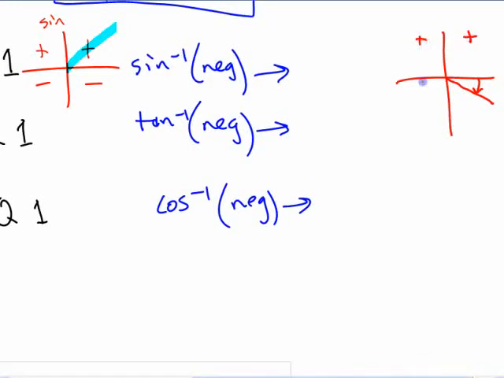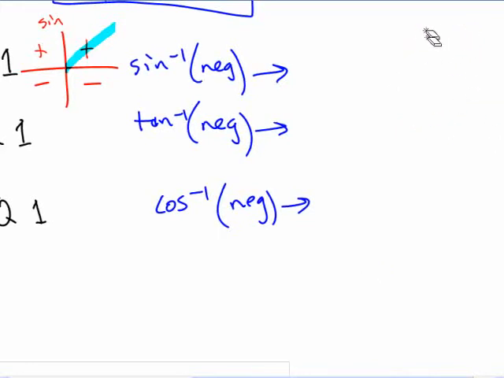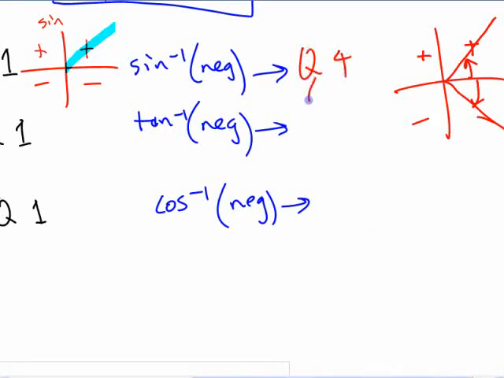It goes plus, plus, minus, minus, right? Where's the closest place to the start where sine is negative? Sine goes plus, plus, minus, minus. It gives you an angle there if it's positive, and where if it's negative? Over there, right? It gives you that. It gives you a quadrant 4 negative angle, right?